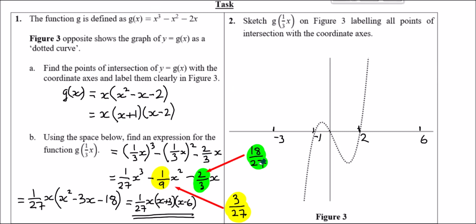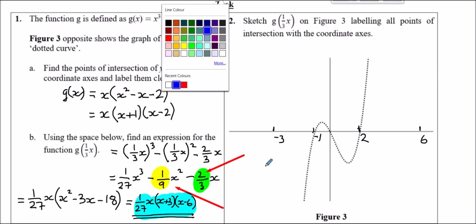So this little bit here is going to overlap with my sketch, so I need to just clear that off. Hope you made a note of that. If not, just rerun the video. Now we can sketch in, let's go for a blue colour, g of a third of x. So g of a third of x is this thing here. So I've put in the roots already, so that's just a case of sketching it in a blue colour.